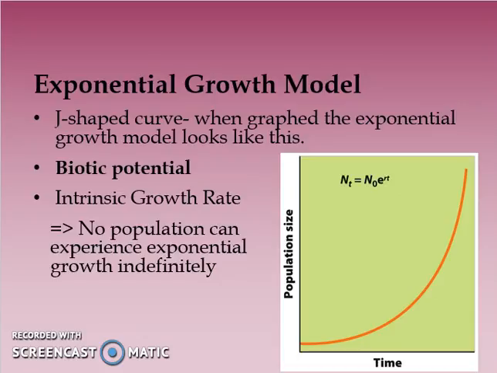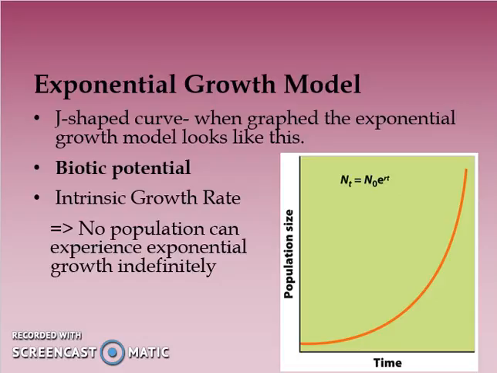Exponential growth is basically a J, also known as a J curve. It starts out slow and grows really, really rapidly, basically adding a certain percent to your population all the time. Human population is currently doing this. It has the intrinsic growth rate and it is at full biotic potential.